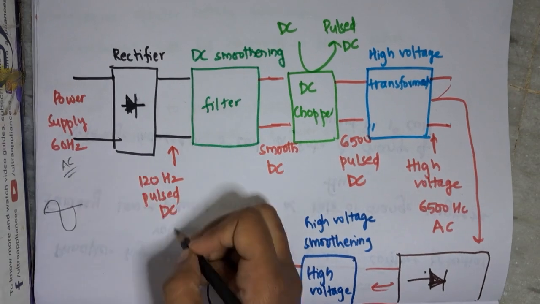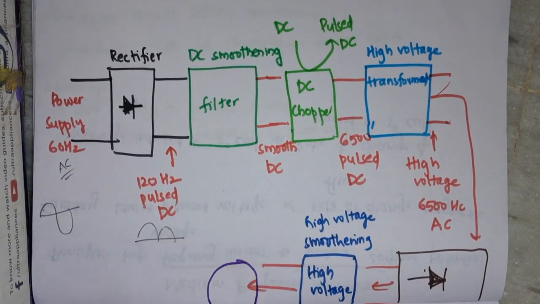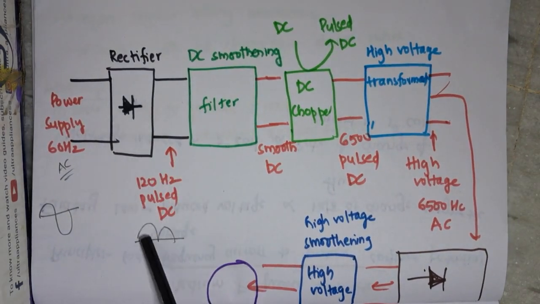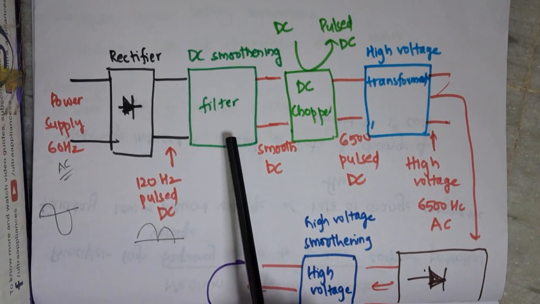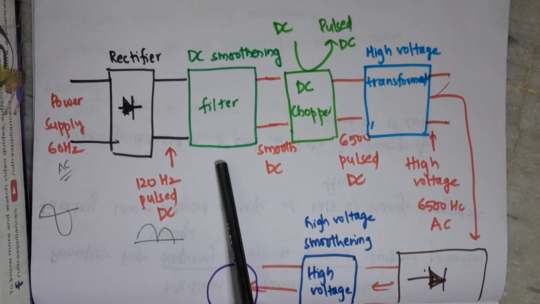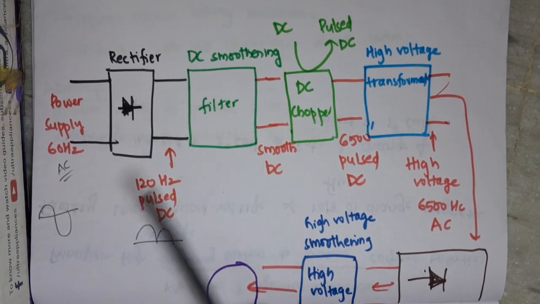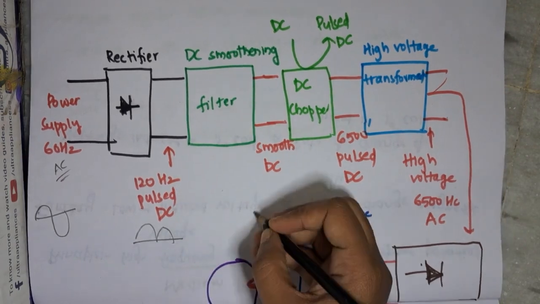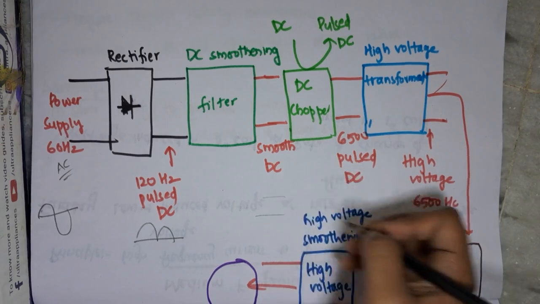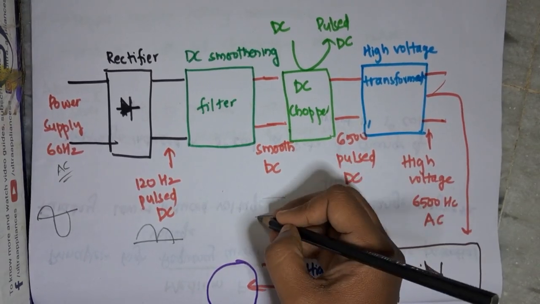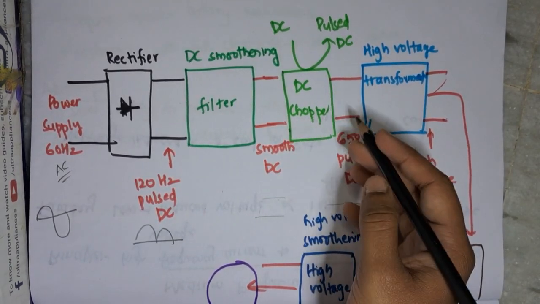This 120 pulse DC is now given to the filter. The 120 pulse is smoothened, and now this smoothened 120 pulse is given to the chopper.